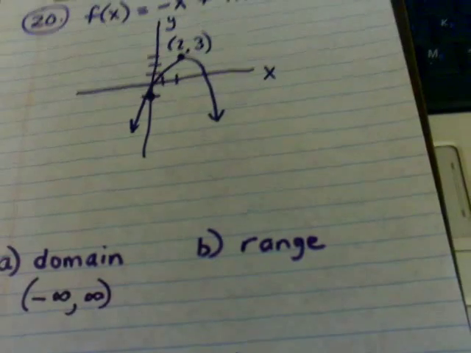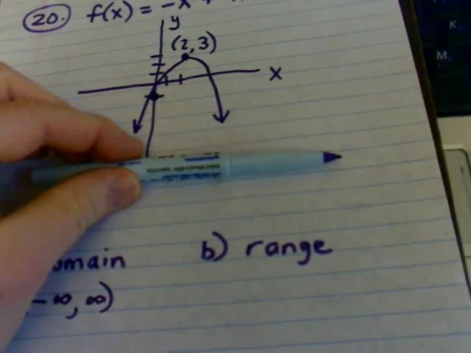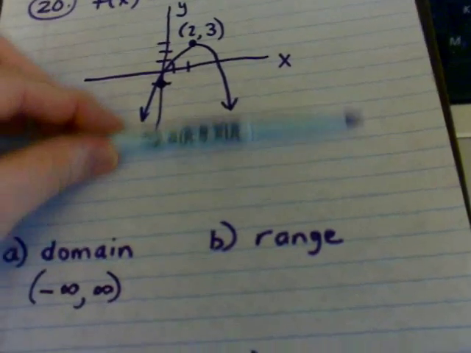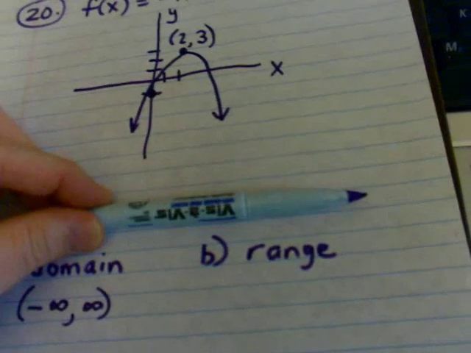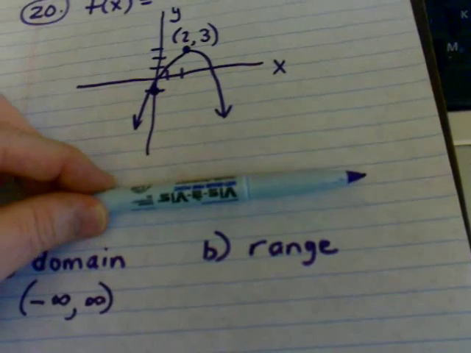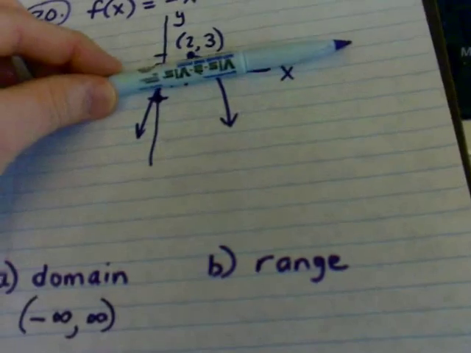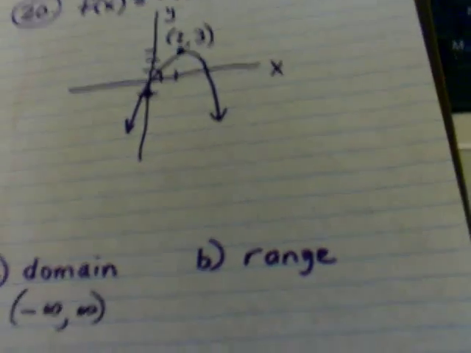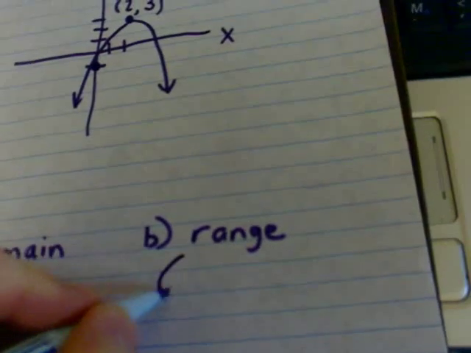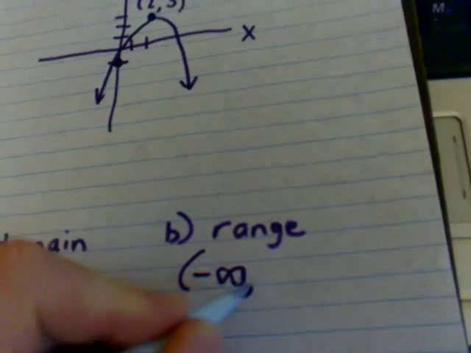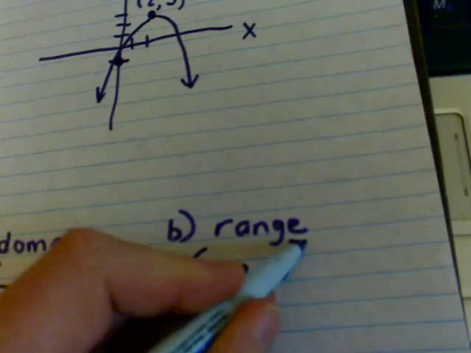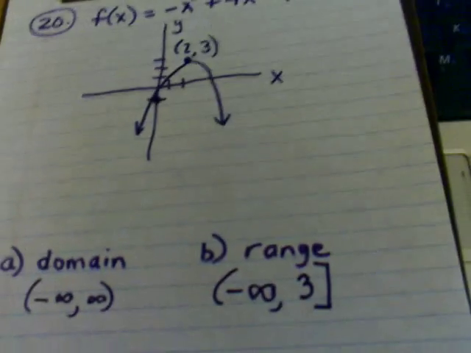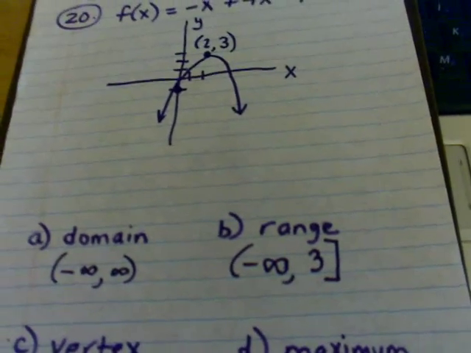Range, I like to teach my students, since range is the y value, we're going to measure from bottom to top. We're coming from the lowest, negative infinity, up to and including the y value of 3. So my range will be written negative infinity, comma 3, with a bracket for inclusion because the number 3 is part of the graph.